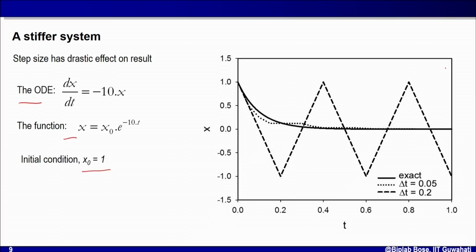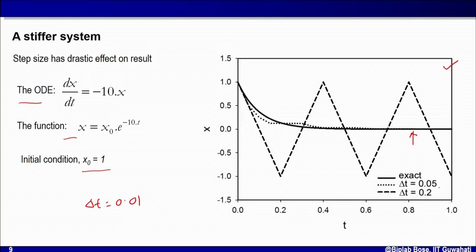So look at the graph here. The black line is the exact analytical solution. I have not shown it here, but if you take delta t equal to 0.01 for Euler's method to solve this system, you will get a solution which will be very, very close, almost exactly the same as that analytical solution shown in the black line.